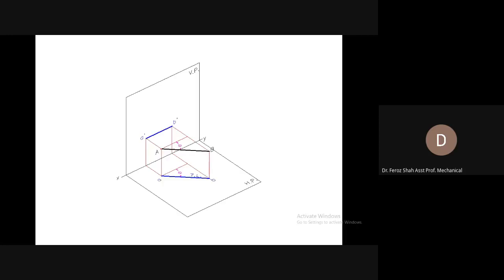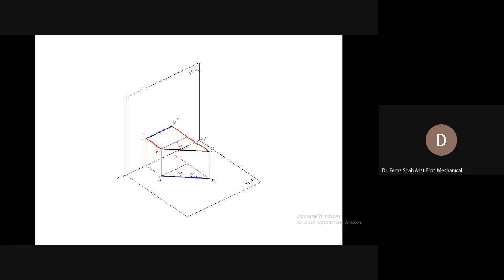Now, in the first instant, the line is only inclined to the vertical plane. You can see the end distances: A has this much distance in front of the vertical plane, and B has this much distance in front of the vertical plane. As the two distances are not equal, the line is inclined to the vertical plane.